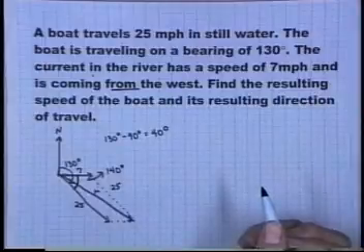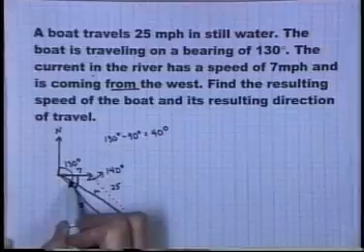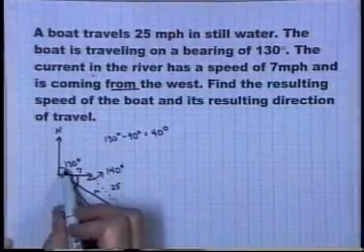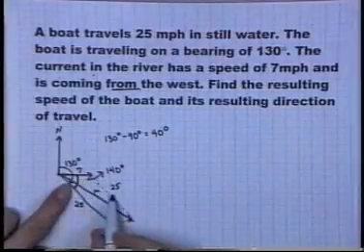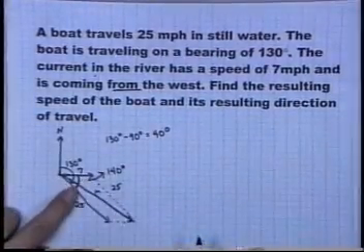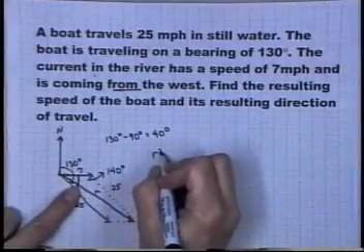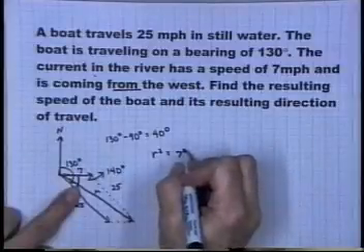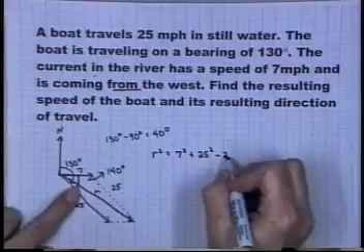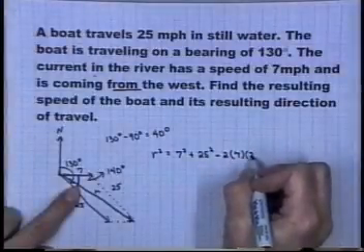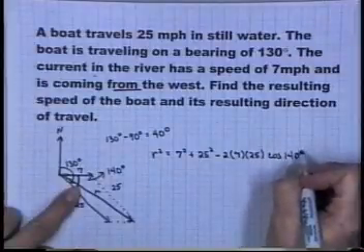You see how we arrived at that? 140 degrees plus the 40 degrees here makes 180, and we got the 40 because we know this is 90, so 90 from the 130. Now we can concentrate on this triangle right here. The side opposite the 140 is R, so we know R squared is going to equal 7 squared plus 25 squared minus 2 times 7 times 25 times the cosine of that 140 degree angle.